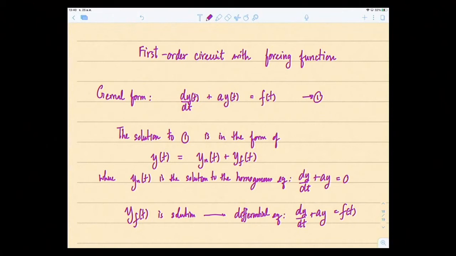In mathematical terms, if you learned it in your math class, yn is called the complementary function, and yf is the particular solution.